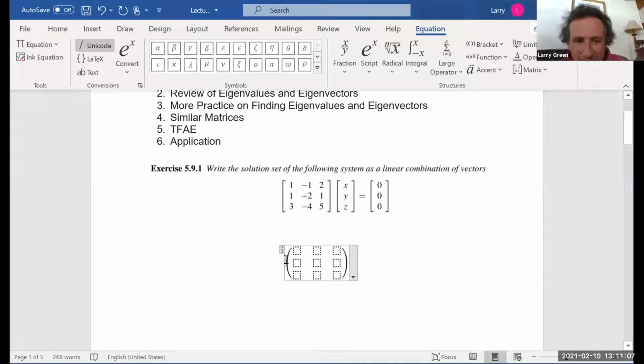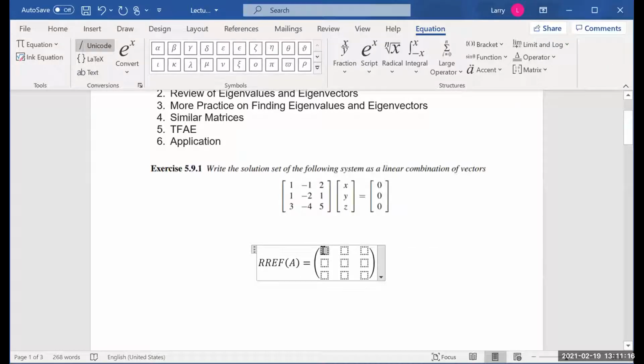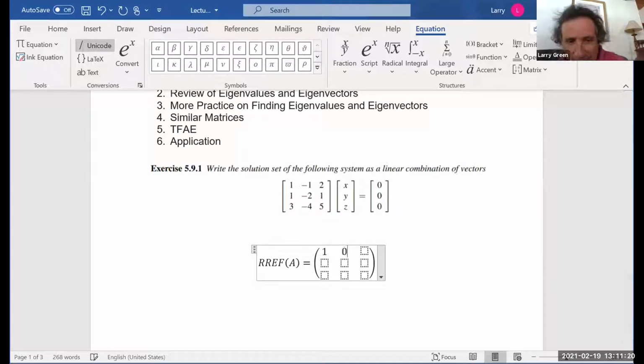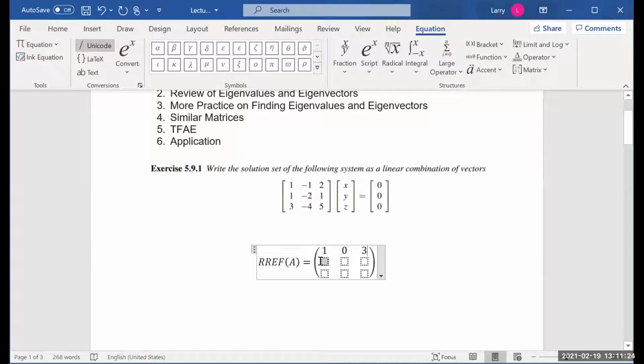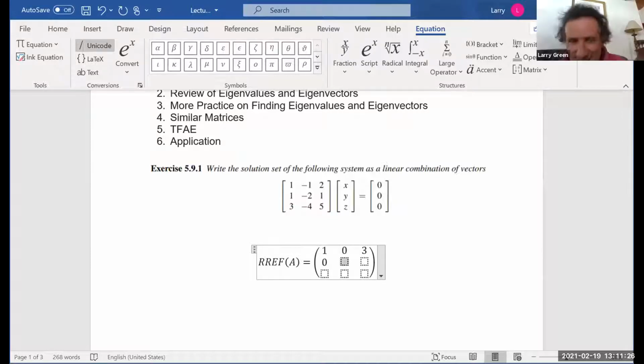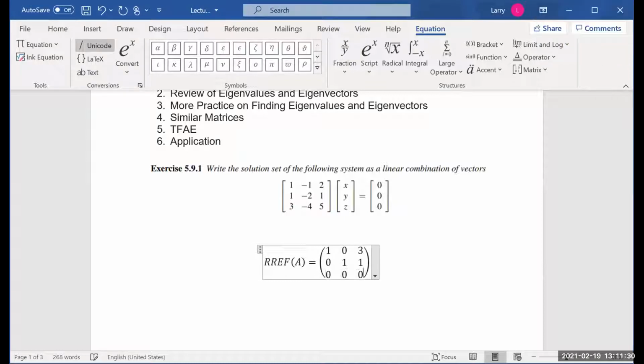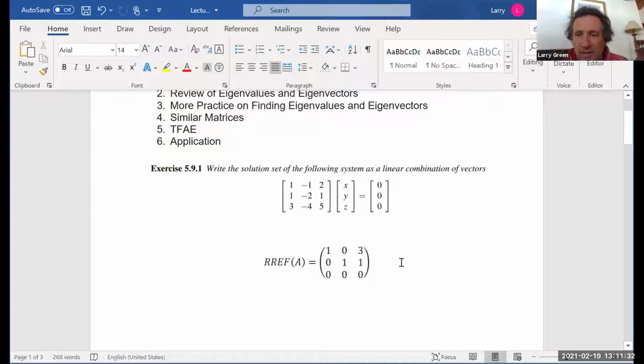Let me write down RREF of A equals. And what is it? Read as rows, it is 1, 0, 3. Okay, you can talk faster than I can type. And then 0, 1, 1. And then the last row is zeros. Yeah. Okay. Does that make sense so far?